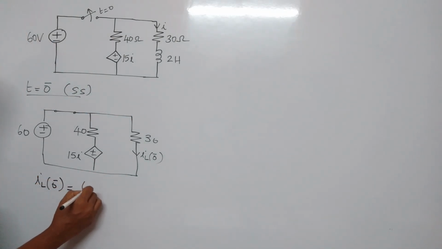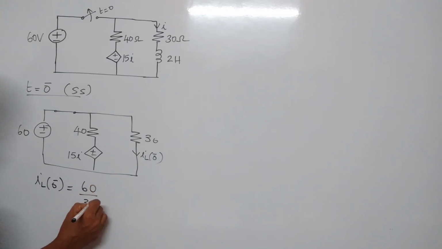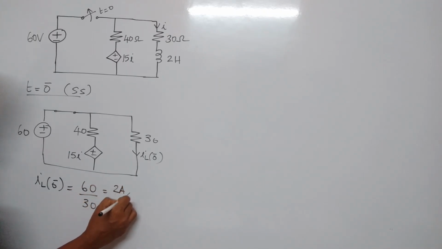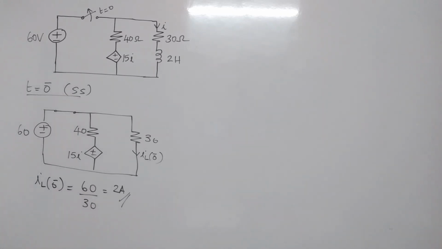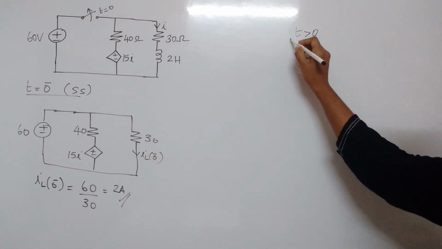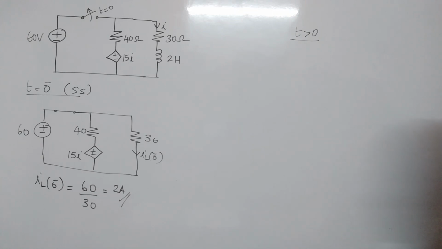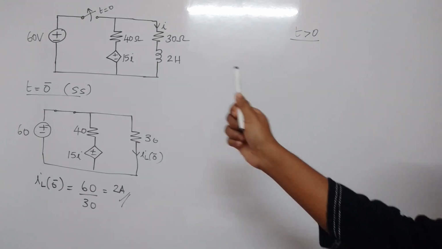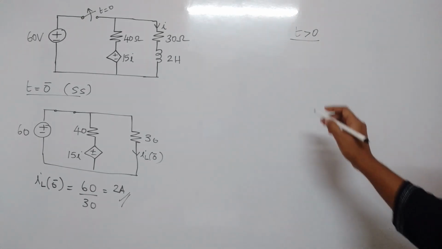IL of 0 minus will be 60 by 30, which is 2 ampere. Now we can draw the S domain equivalent for t greater than 0. For t greater than 0, the switch is open. So 60 volt is not connected to the circuit.